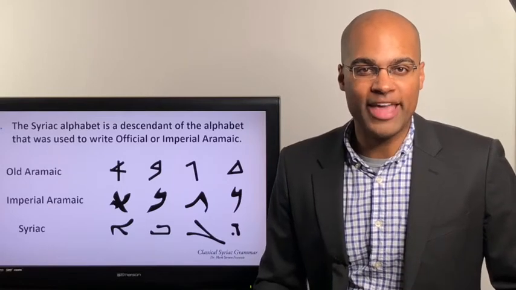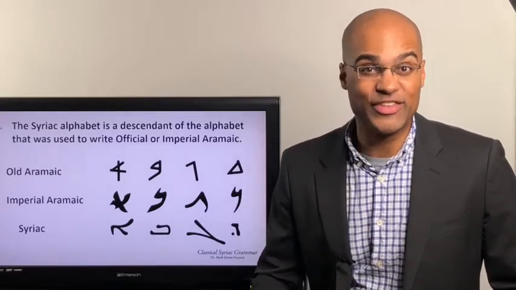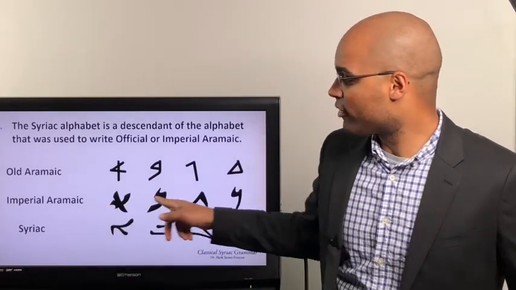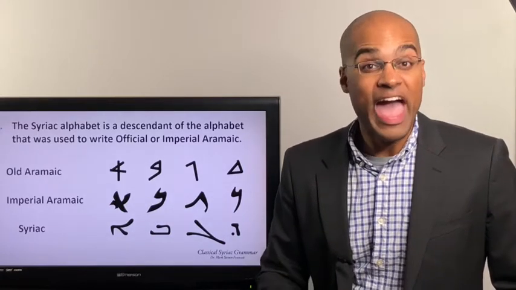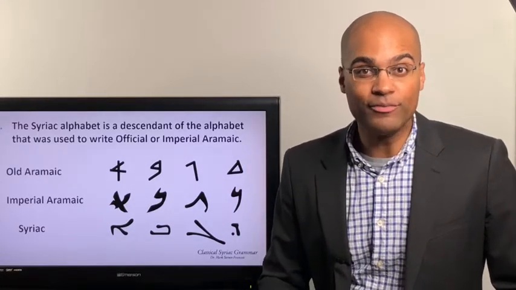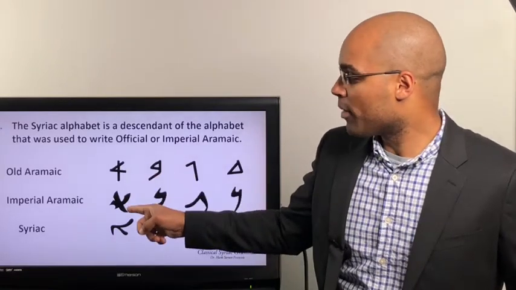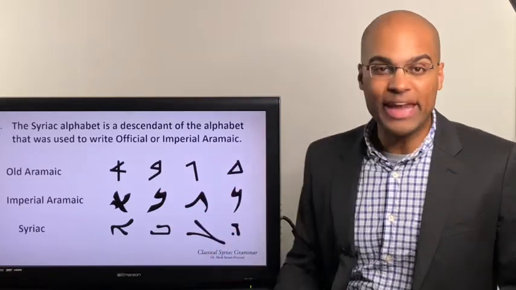Now, the old Aramaic alphabet was simply borrowed from the Phoenician alphabet, basically exactly the same as the Phoenician alphabet. Now, when you compare that to the Imperial Aramaic alphabet, these letters look quite a bit different from each other, at least on the surface. However, when you compare these letters to each other vertically, we can see how one form of a letter could easily develop into the next form of the letter in many cases.